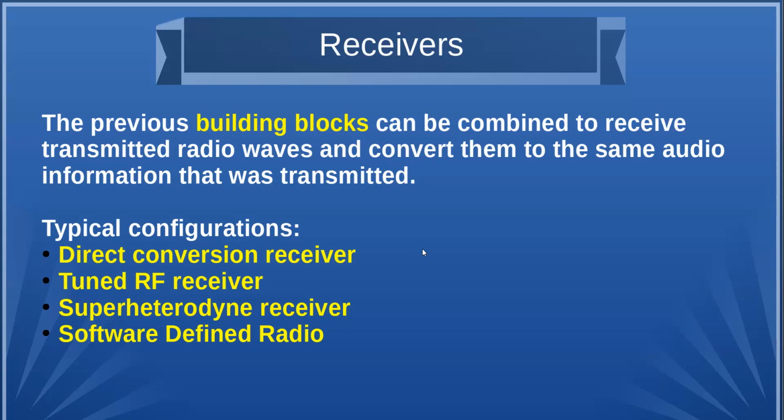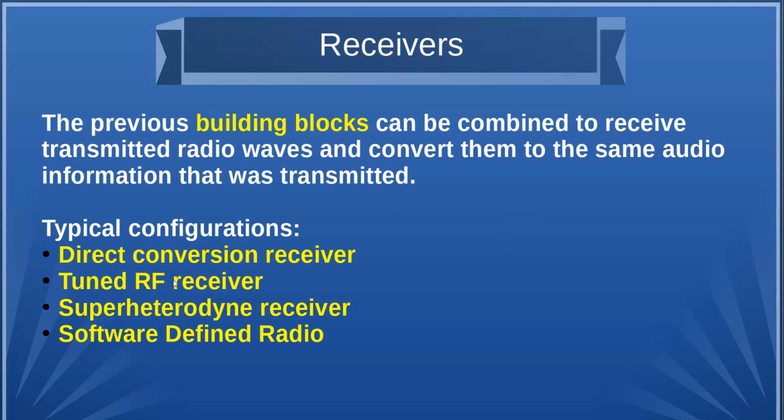Okay, so we got all the pieces, so we can build a receiver. Typically, receivers, older ones, and even it's come back, are direct conversion, where you can go directly from the RF signal to the audio signal.